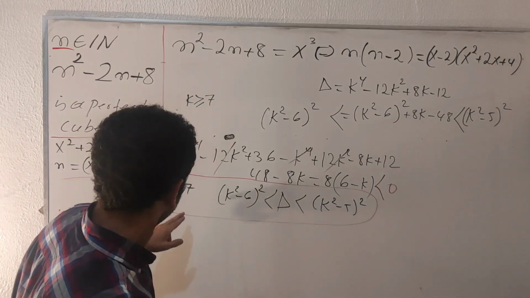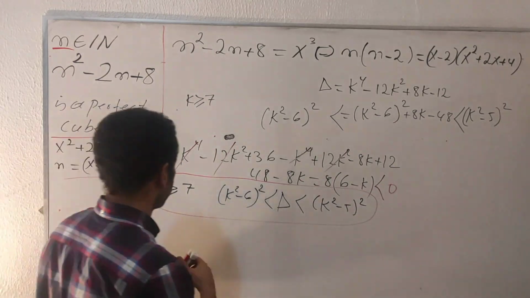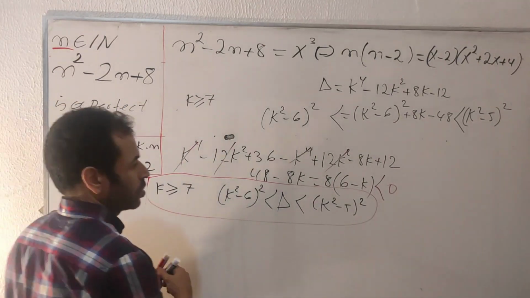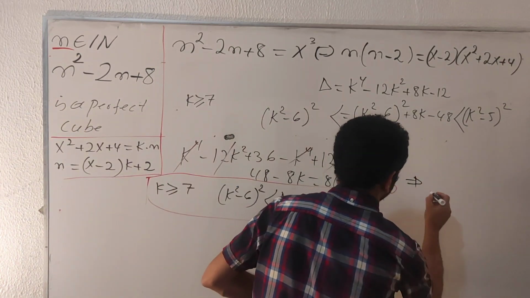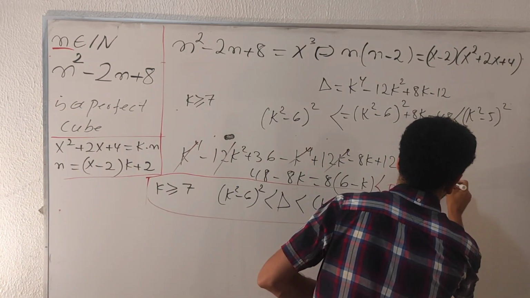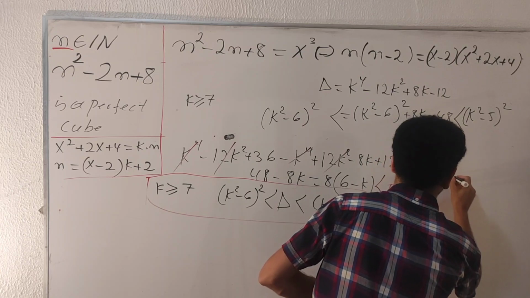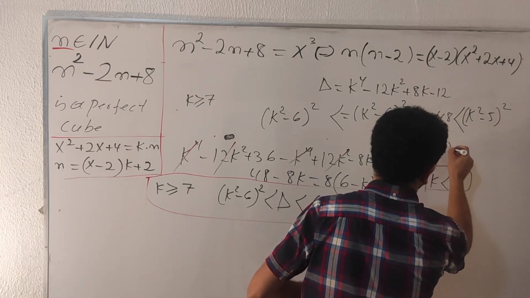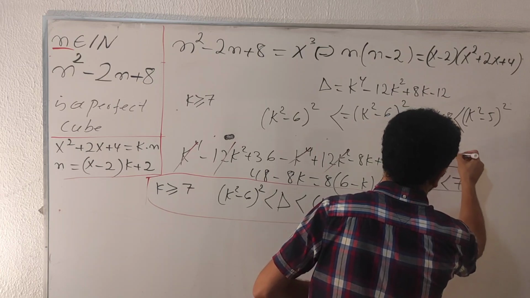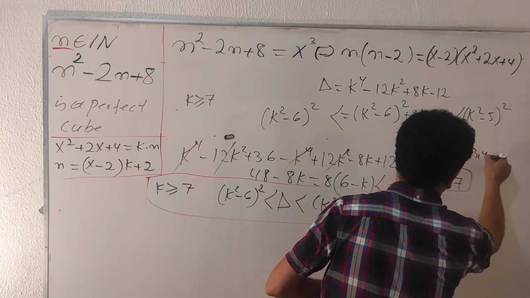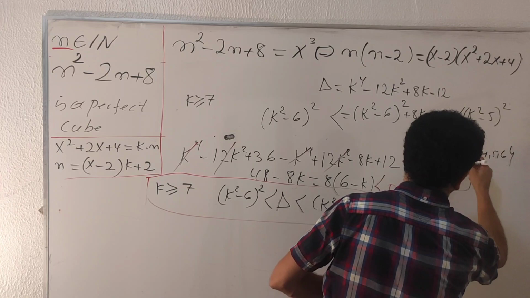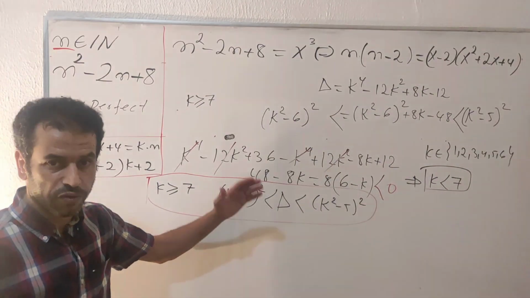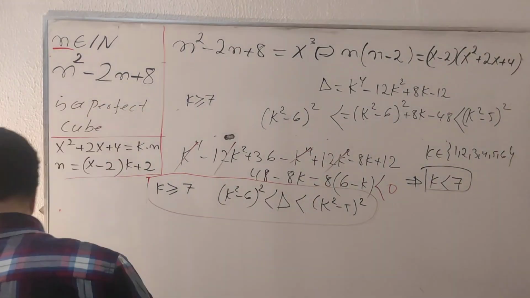Okay, so which means k cannot be superior or equal to 7 since we found this contradiction, which means k must be strictly inferior than 7. Okay, in other words, k must be in this set 1 2 3 4 5 6. Okay, now let's get rid of this one and move on to the next step.